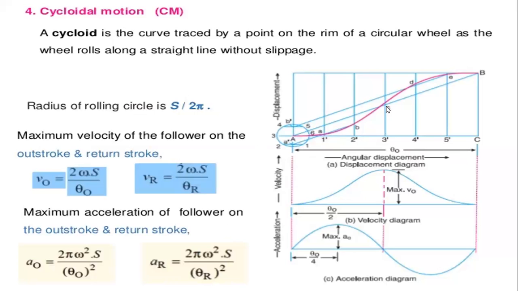From the third it is the third point, from the fourth it is the fourth point, and for the last one we draw the B point. There we can get the cycloidal curve.